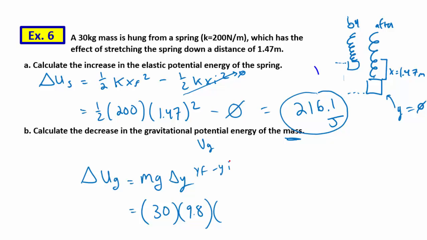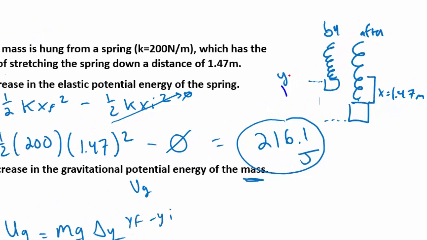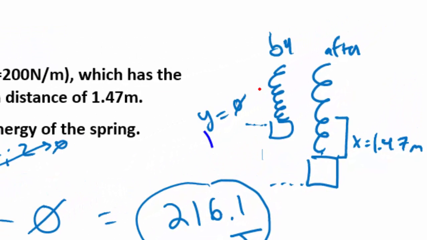So my final height is going to be, actually, you know what, I get to choose where 0 is. So I'm going to actually make the initial position of the mass 0.